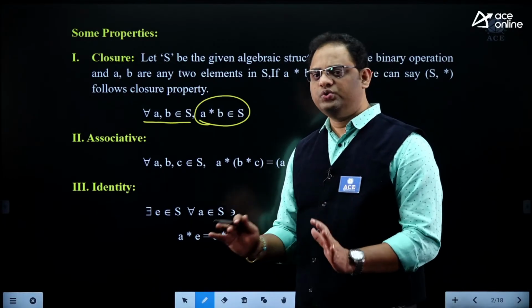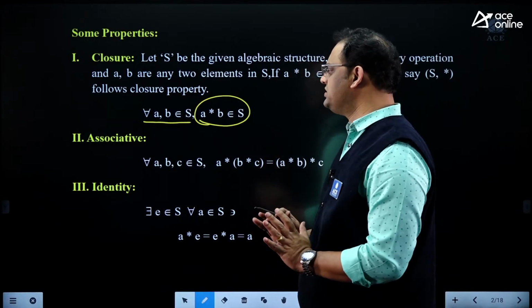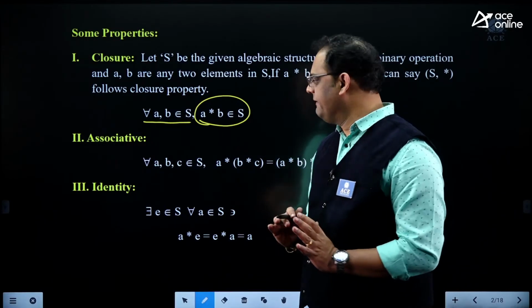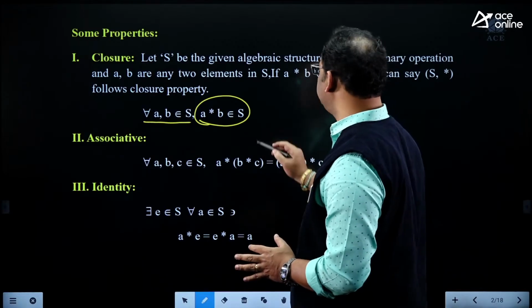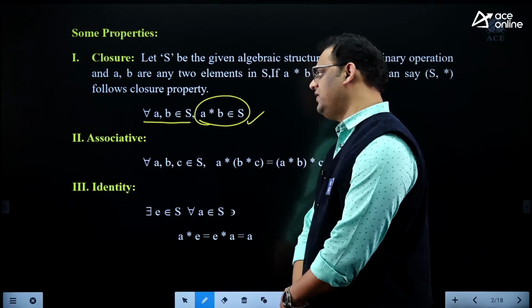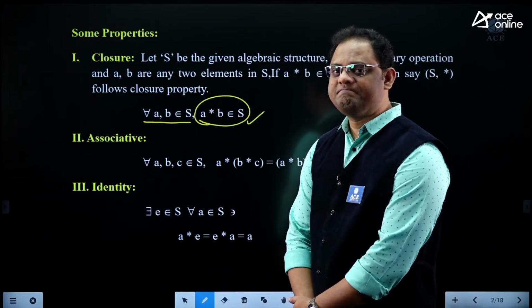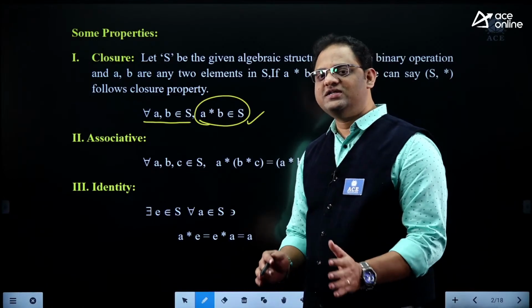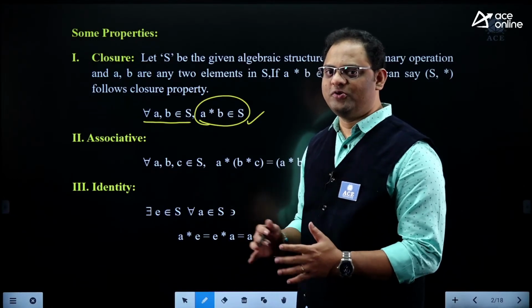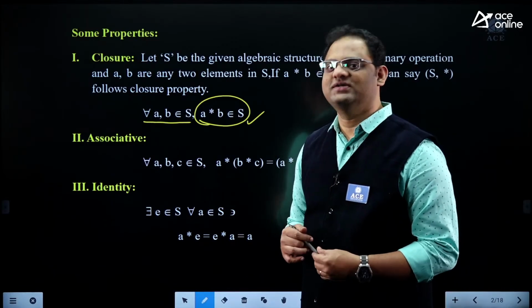I operated the two elements with the binary operation called star, so I got a star b, and a star b must belong to S. If it happens, then I can say that the given algebraic structure follows the closure property under star, or you can say that star is closed.